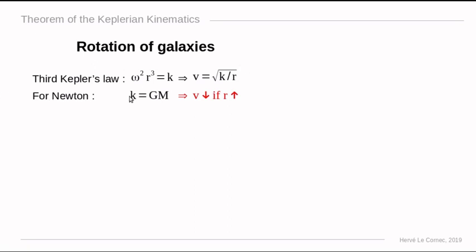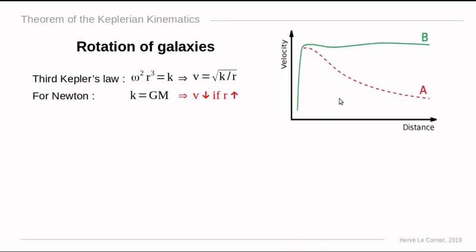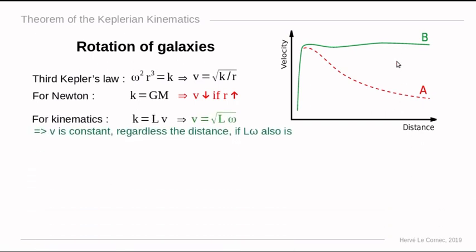And for Newton, k is equal to Gm. So the velocity must decrease if the distance increases. And what we should observe is this red curve here. But now, we all know that what is actually measured is this green one here. So we have a problem, of course.